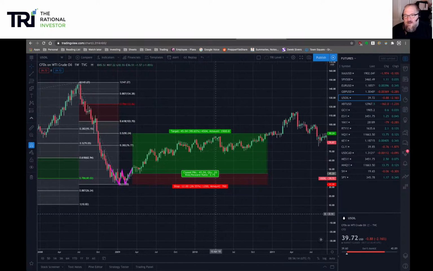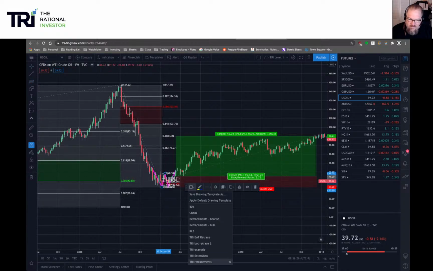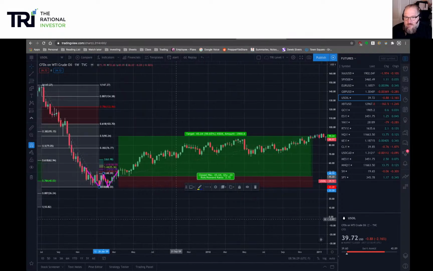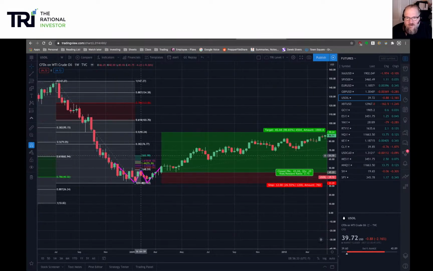Now, could you have done an extension off of this as well? Well, let's take a look. Usually when I'm doing an extension off of market structure, I'll draw from a W, from the first low to that middle point. Let's set this to TRI extensions, right? And we can see the 200% is here.